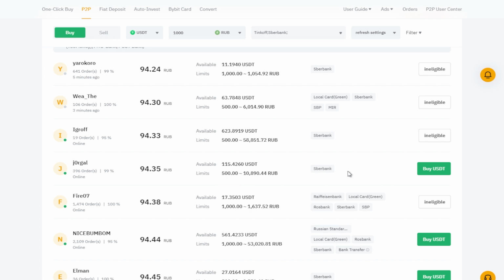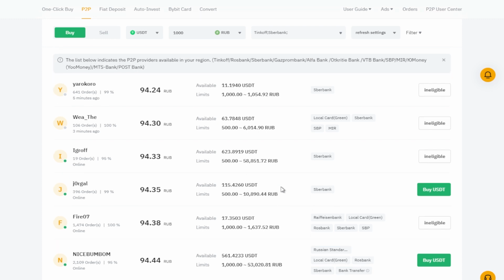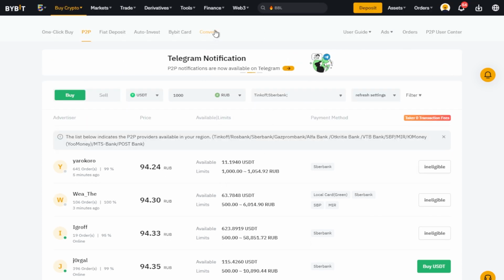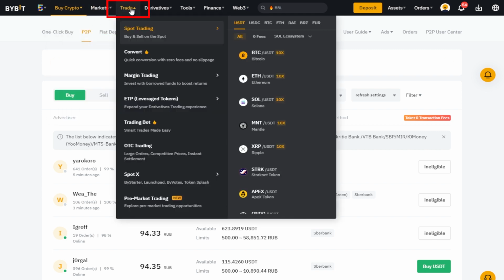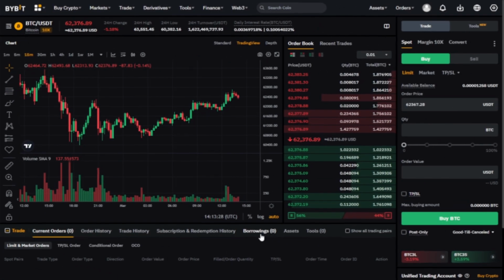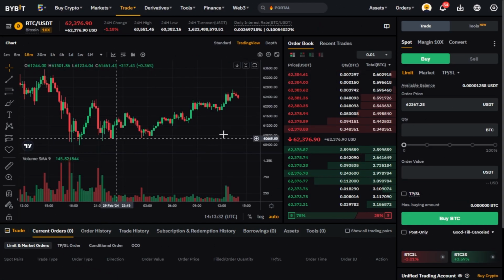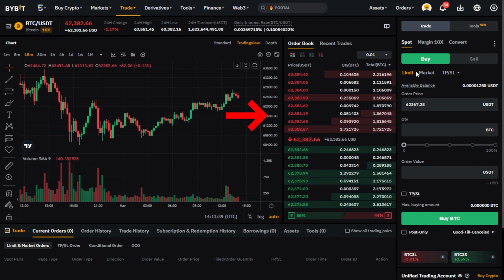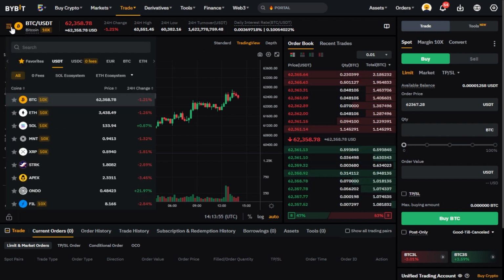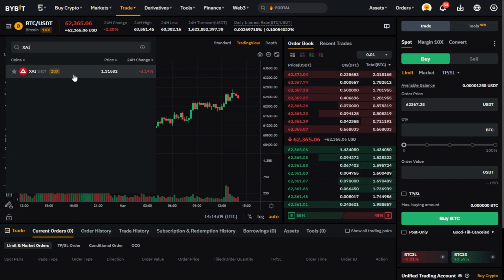Let's say I'm interested in the KSAI currency. I can switch to it safely.